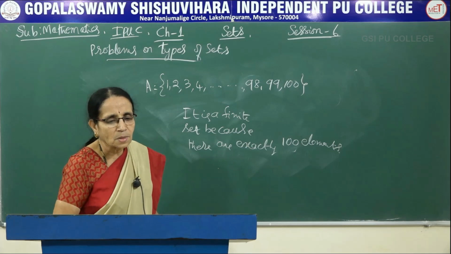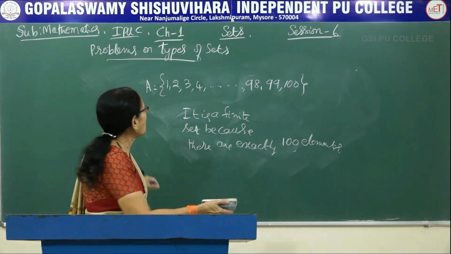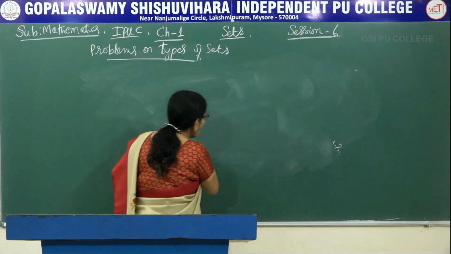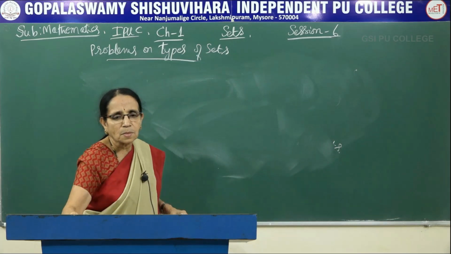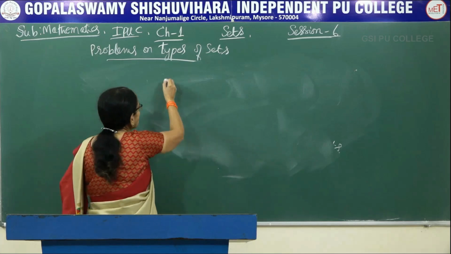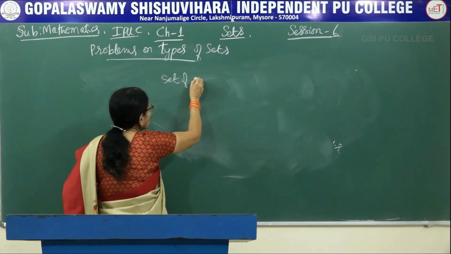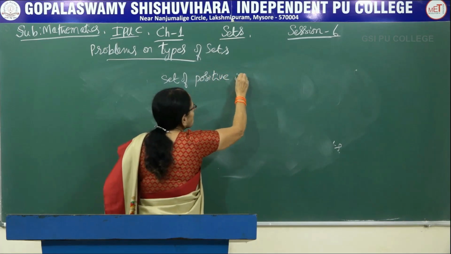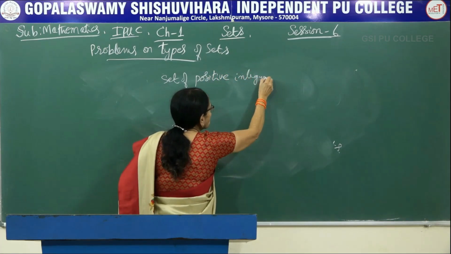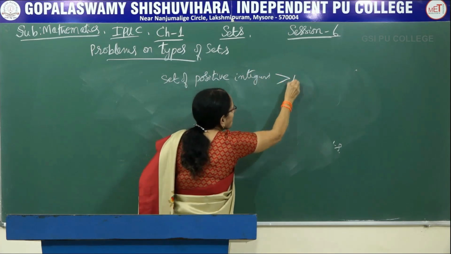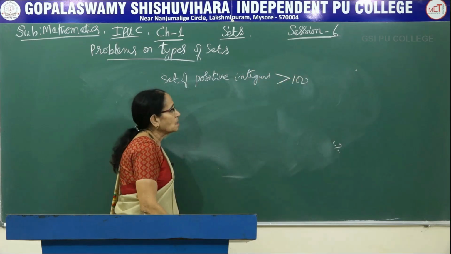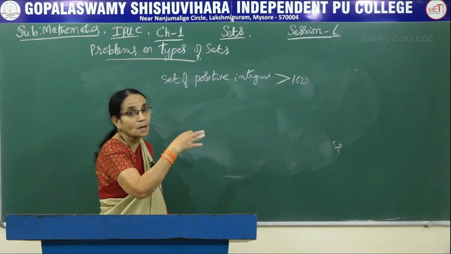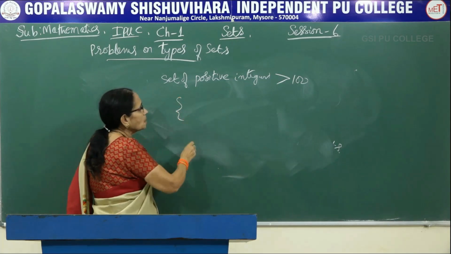The next is the set of positive integers greater than 100. All the numbers should be more than 100, but I have not said the last element of this one. So how do you write this one?